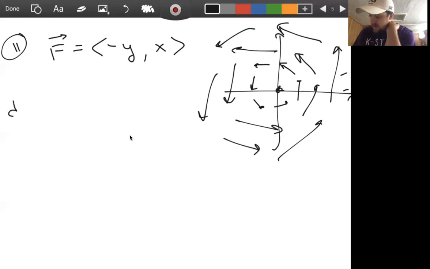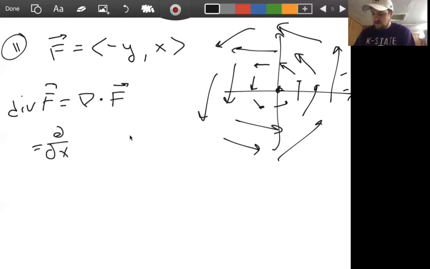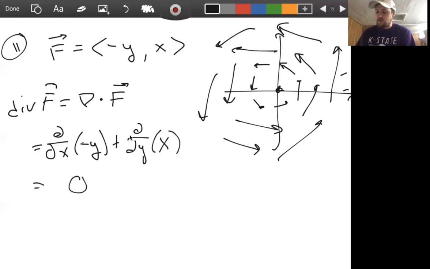We can calculate the divergence of f, which is the gradient dot the vector field. This is d/dx of negative y plus d/dy of x. You can see this is 0 because the derivative of y with respect to x is 0 and the derivative of x with respect to y is 0. And so this rotational vector field also has a net 0 flow at every point.